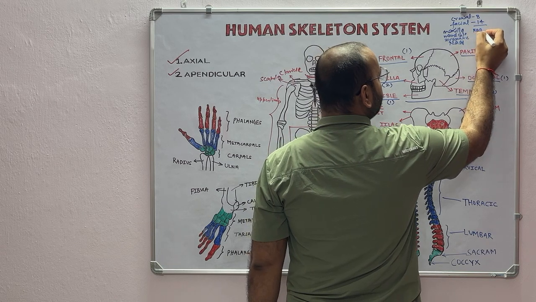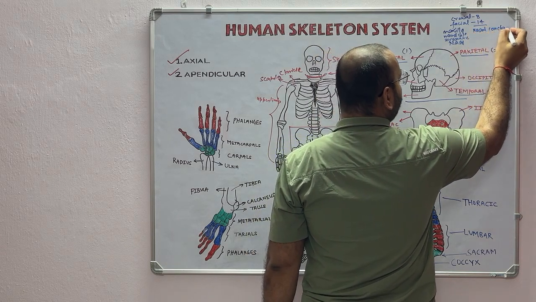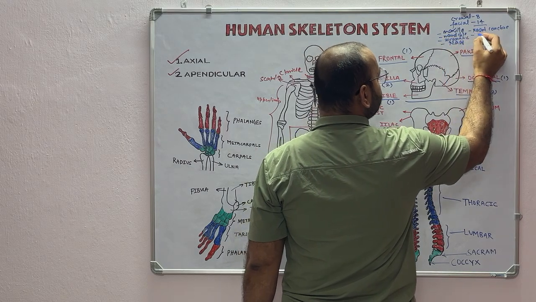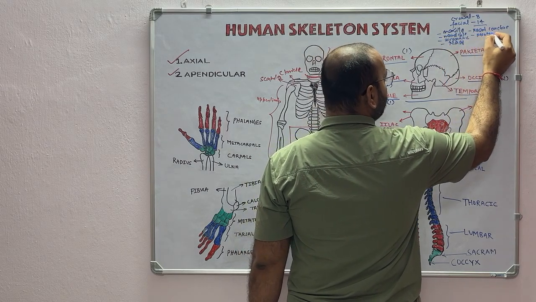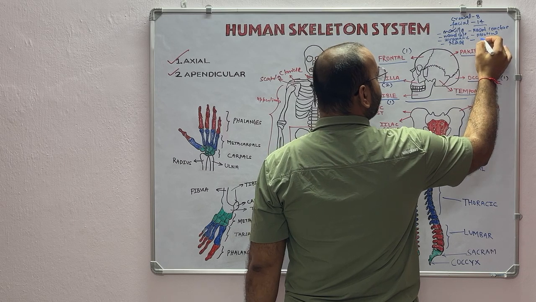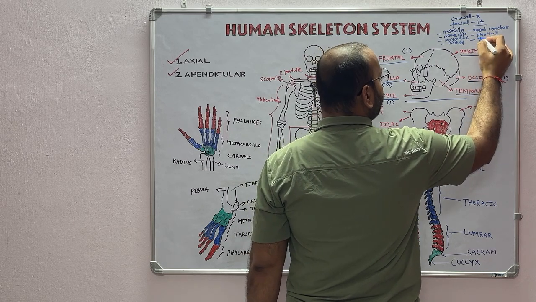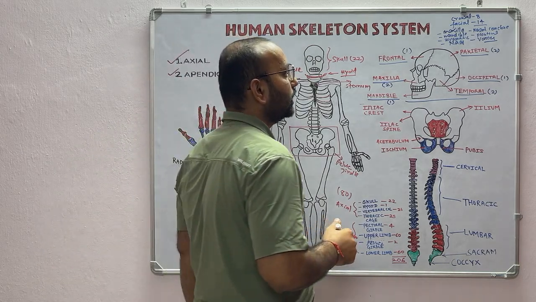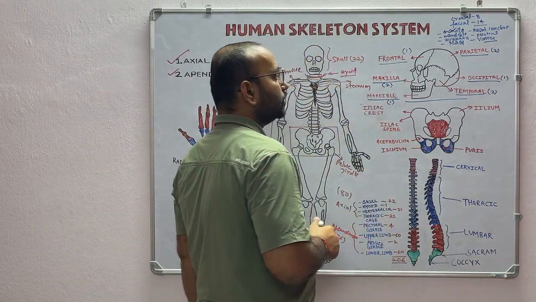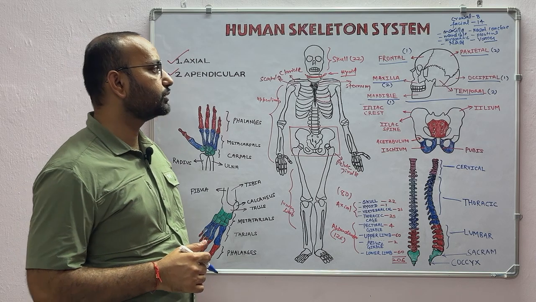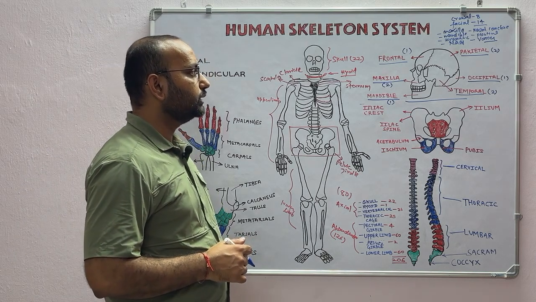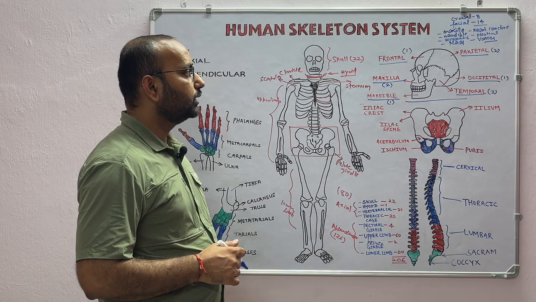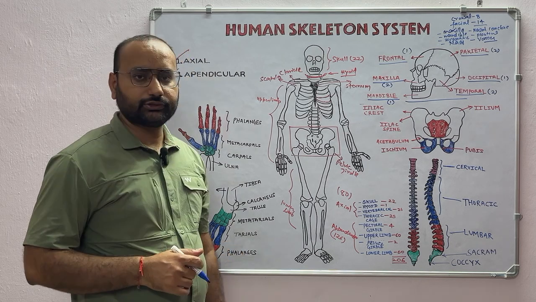Then you have the nasal conchae, and after that the palatine bone, and then you have the vomer bone, which is the bottom part of your nasal septum, right? So I think these are pretty much the bones in the facial part of your skull, as far as I remember. So these are the different bones in your skull.